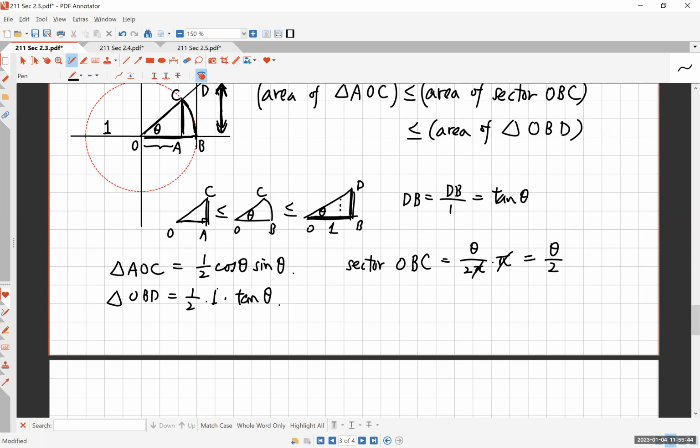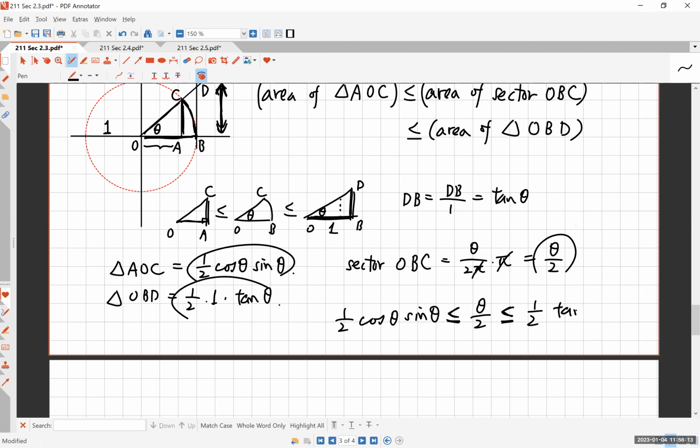Right, I am saying this is less than that, which is less than this, right? So let's go ahead and write this. 1/2 cosine theta, sine theta, less than or equal to, actually it's less than, right, as you see in the picture, but who knows, as theta gets closer and closer, maybe they get really close. So I'm just going ahead and using less than or equal to, even though the equal to part is not necessary.